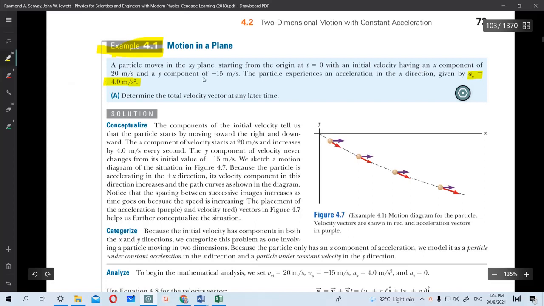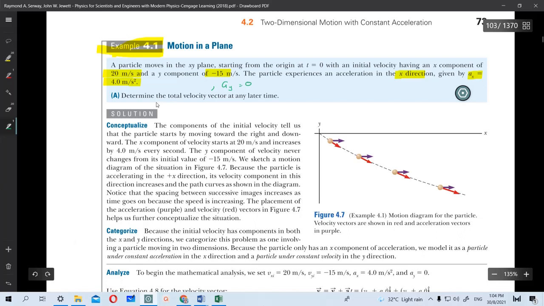Now, two different values: one is meant for x and the other is meant for the y direction. The particle experiences an acceleration only in the x direction. It doesn't say anything in the y. If it's an exam, it should be properly mentioned. So a in the y direction is 0.